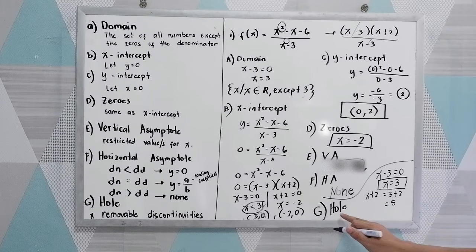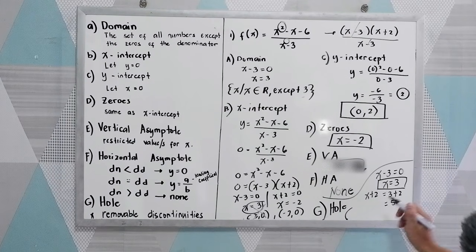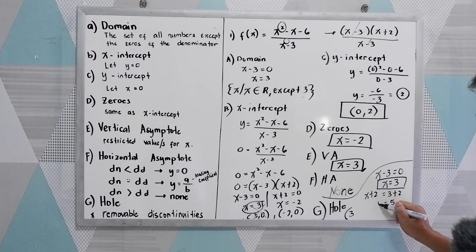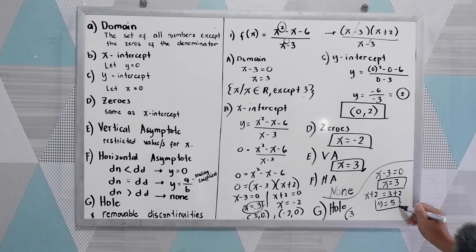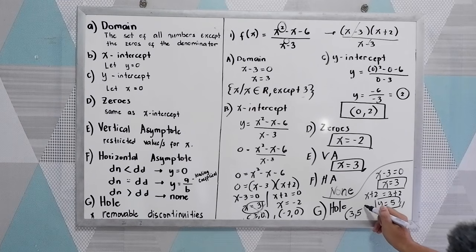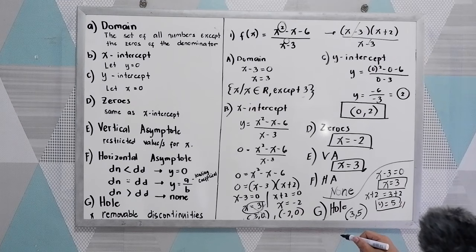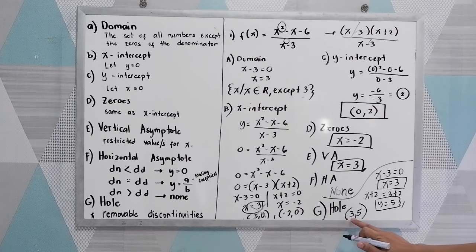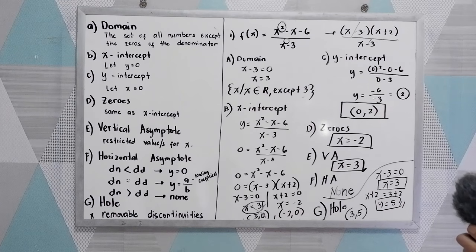Now the coordinate of our hole is x is 3, then this will be the value of our y: (3, 5). That would be the discontinuity of our rational function. (3, 5), this is the hole.